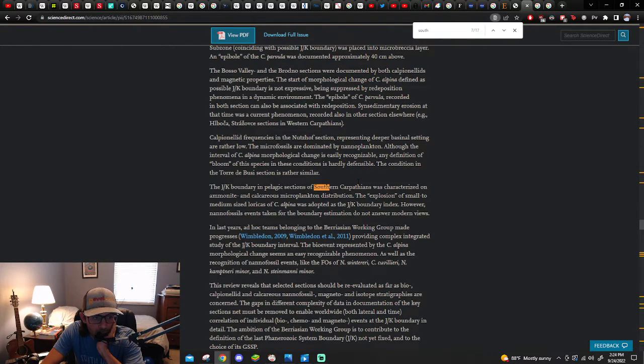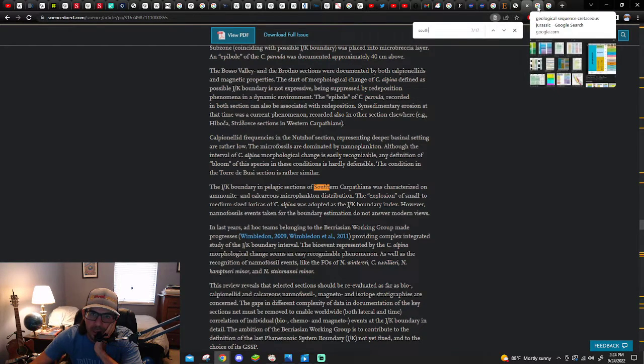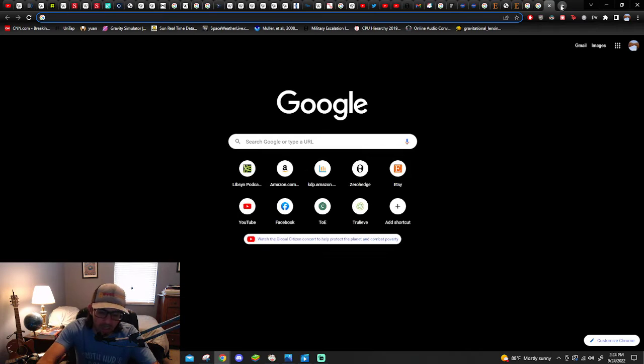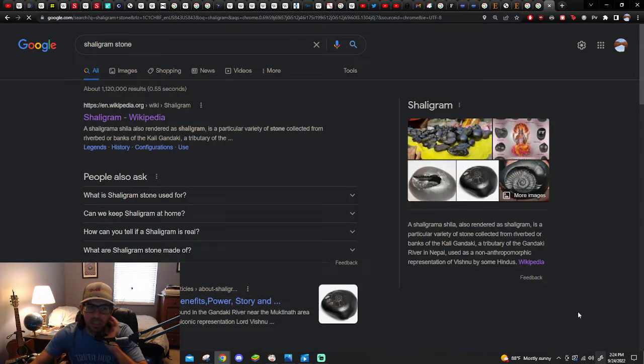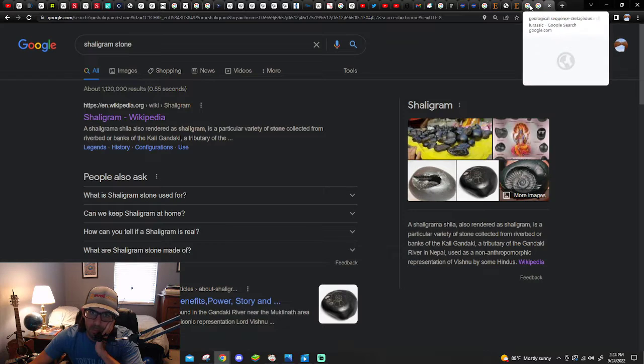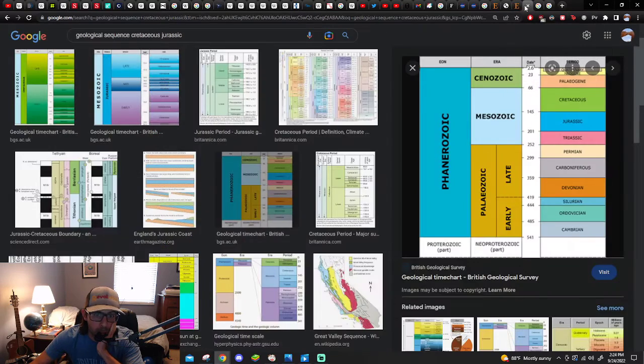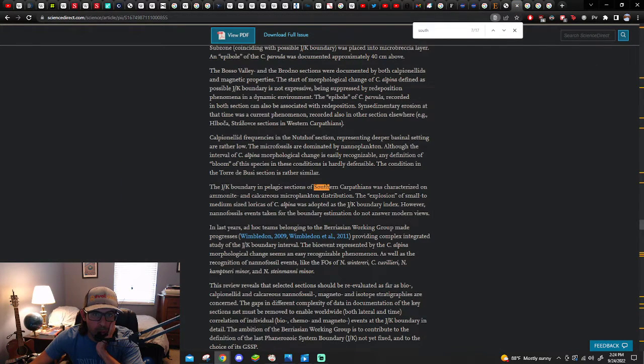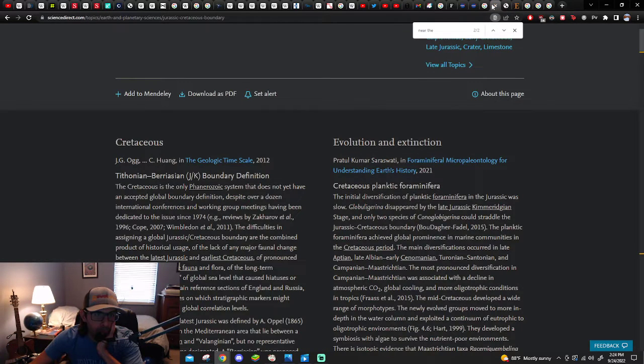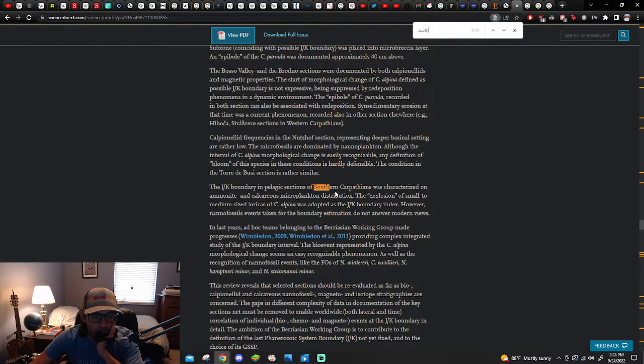Explosion of small to medium-sized loricas was adopted as the JK boundary index. Interesting verbiage. Almost like an explosive force caused a flow of energy that rippled through the earth and literally made it appear, if we interpret these things, loricas.